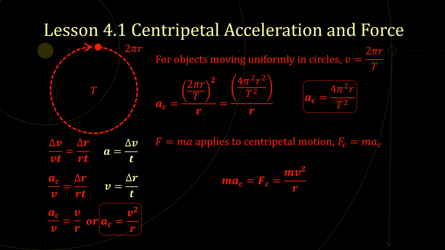And instead of v squared over r, to calculate the centripetal force, I just have to multiply by mass, m v squared over r. And the same is true for my other equation using the period. If I plug in m into the numerator of that equation, I can calculate the centripetal force.